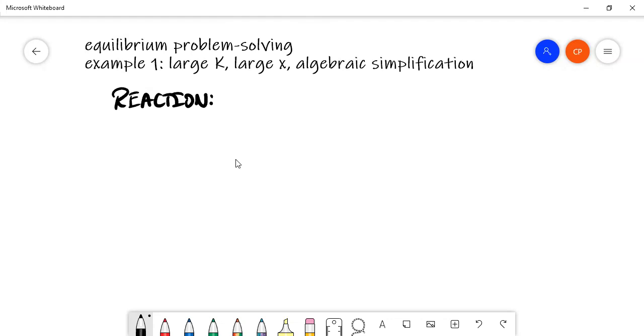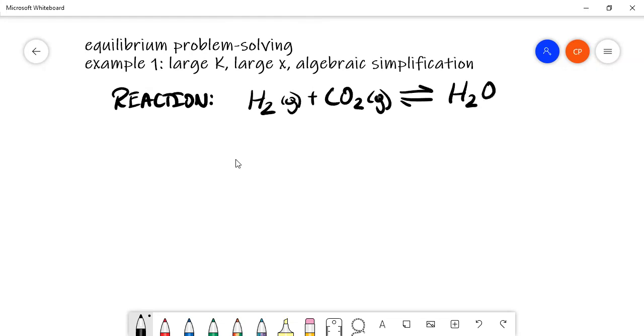And it's a reaction where hydrogen gas can be combined with carbon dioxide on one side of the equilibrium. And on the other side of the equilibrium, water is in combination with carbon monoxide gas.